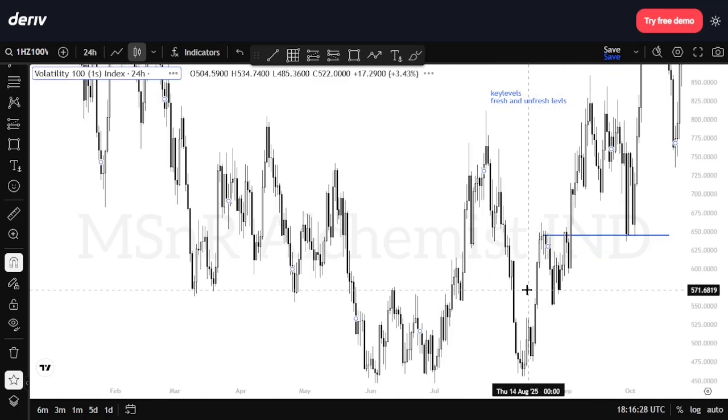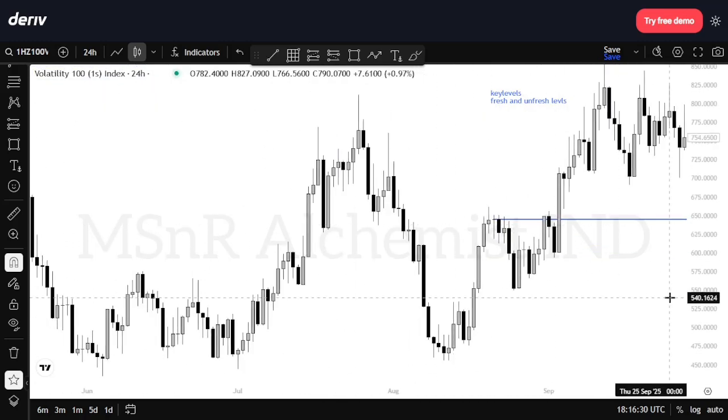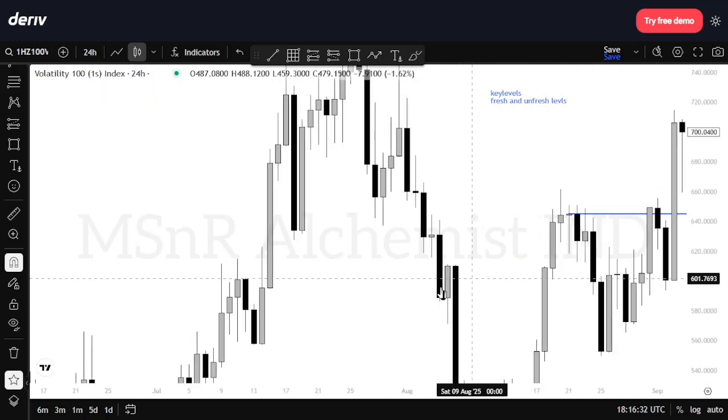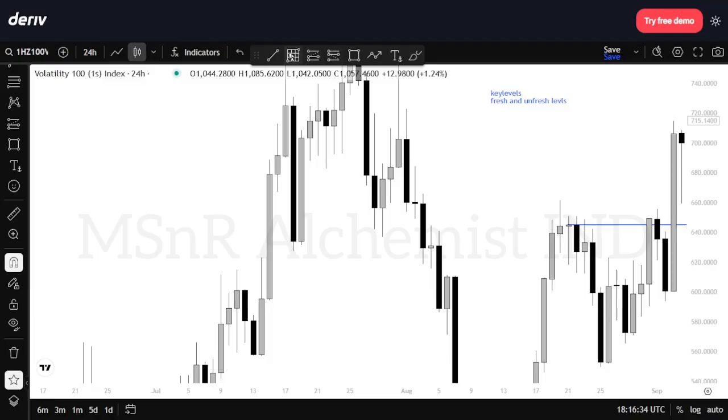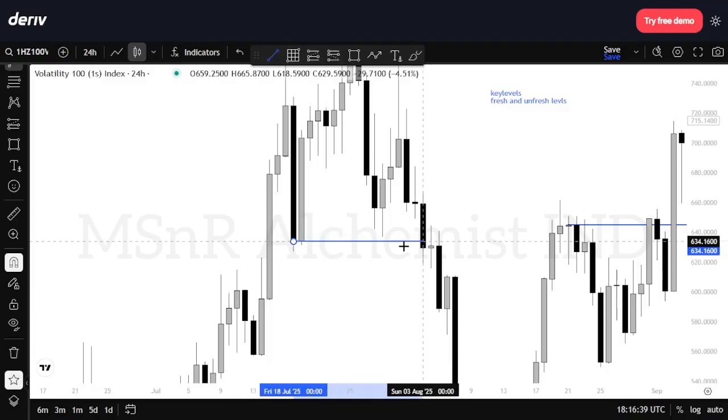Okay, so I think the unfresh and fresh level is clear to you. See the last example. Here we have a support that has been broken, and it is fresh. It didn't get tapped, it broke, and it's again fresh.